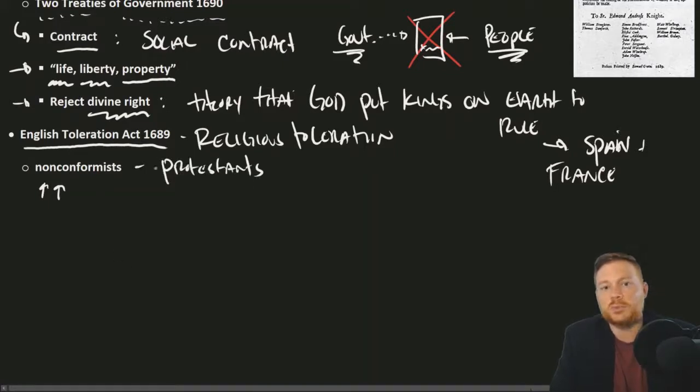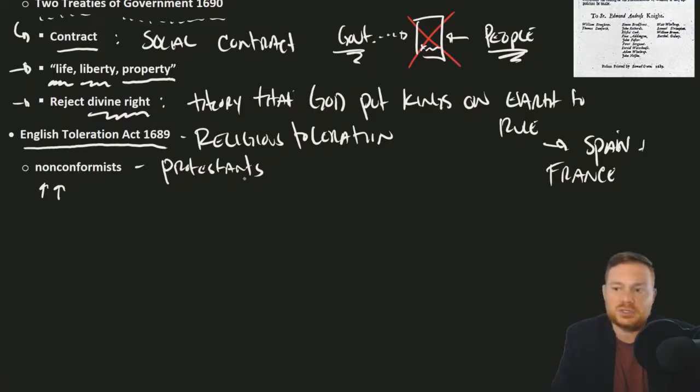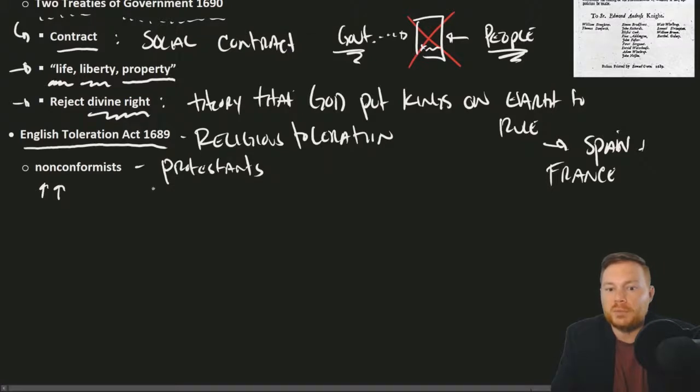So, for example, some of the smaller Protestant denominations like the Baptists, like other Congregationalists who were previously shunned by groups like the Church of England, those Protestant groups were more well accepted. Catholics and Jews and other religious minorities, not really toleration for them, but mostly we want to think about this law as being toleration for all Protestant or many Protestant denominations.